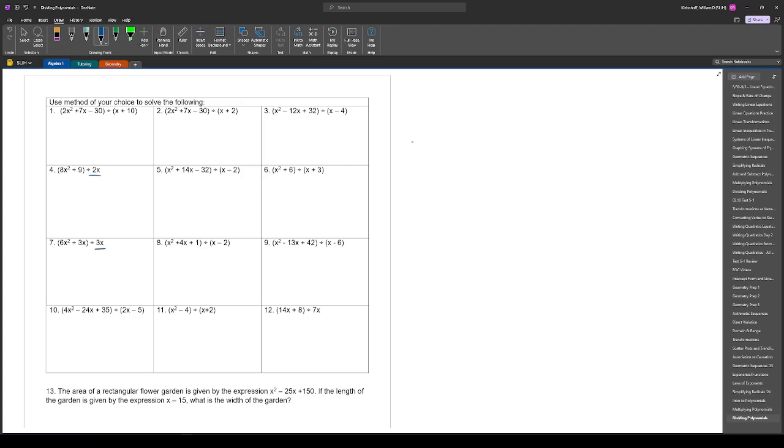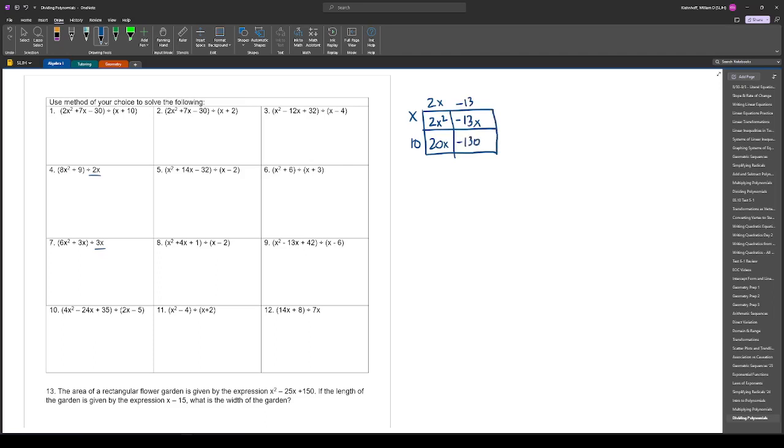So if we do x plus 10, I'm doing problem number 1 here, and we divide that into 2x squared. We put 2x up here, 20x here. Then we take that 20, and we need to get down to 7, so we need minus 13x. We put minus 13. We get negative 130.